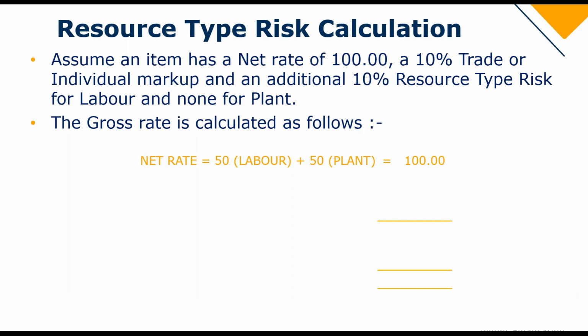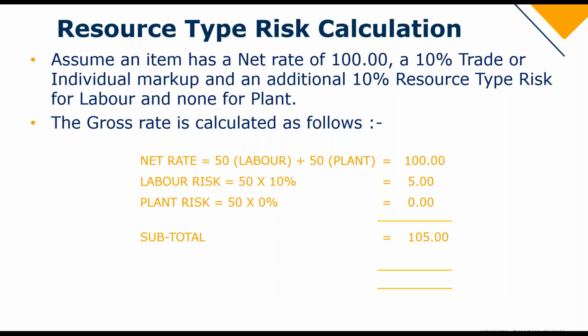So as I've mentioned before, there'll be nothing on plant. We only want to mark up 10% on the labor, which is your resource type. So your labor risk will be 50 multiplied by 10% to give me 5. And my plant will be 50 multiplied by 0% to give me 0. The 100 and the 5 get added together to give me a subtotal of 105.